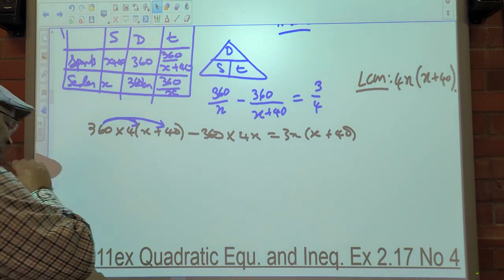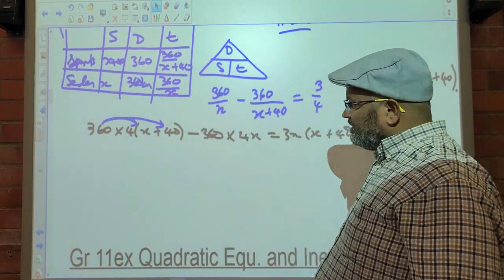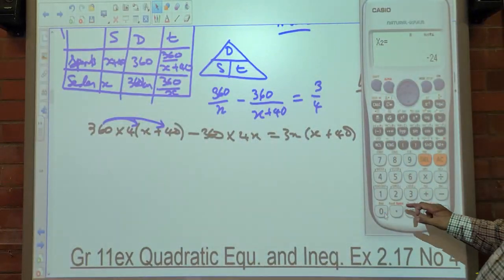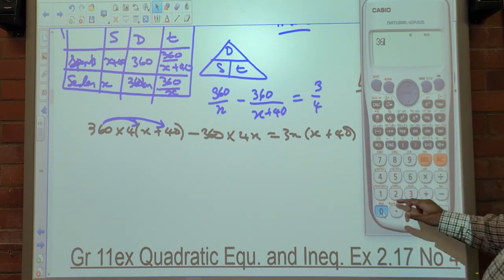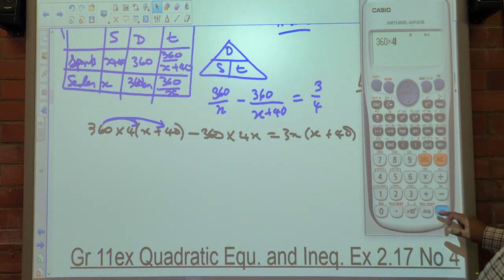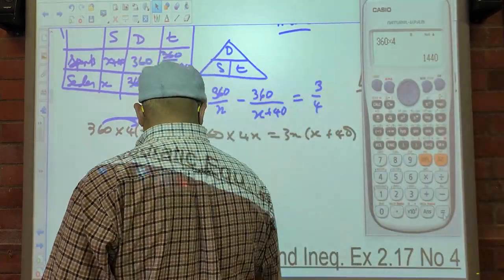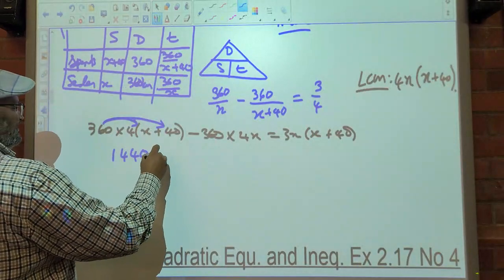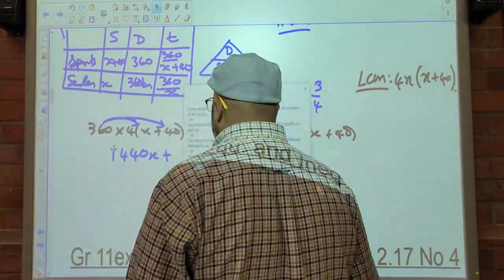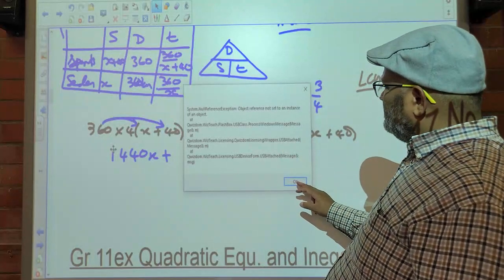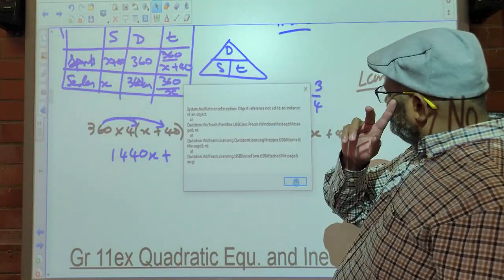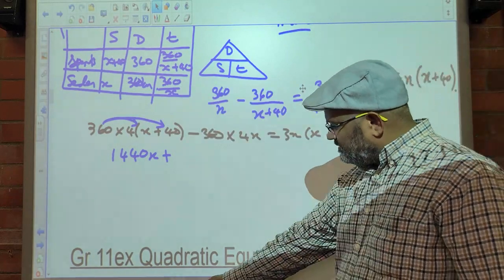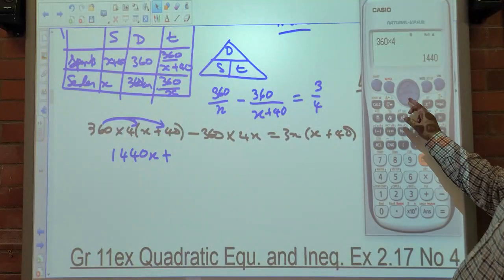What we're going to have is 360 times 4, which gives you 1440x, plus now 360 times 4 times 40, multiply the answer still by 40.